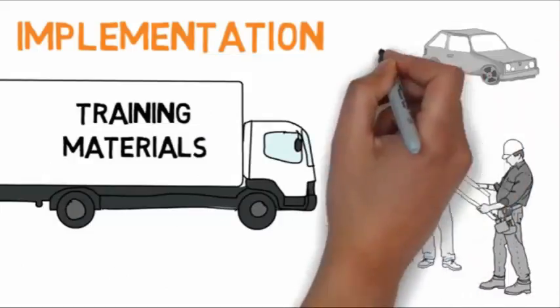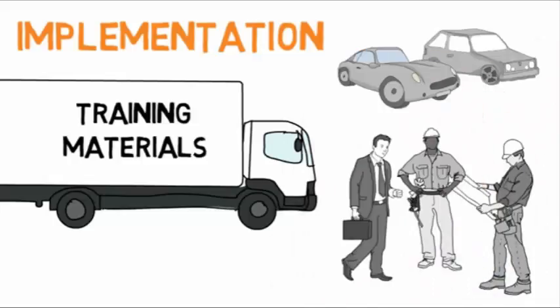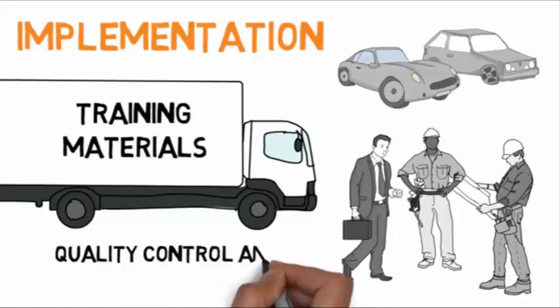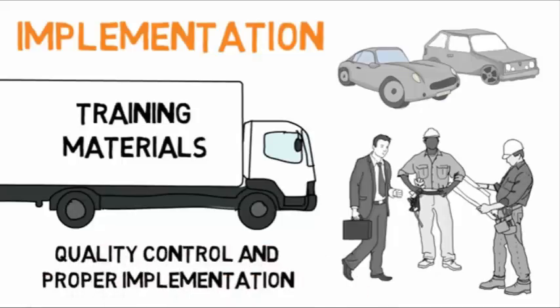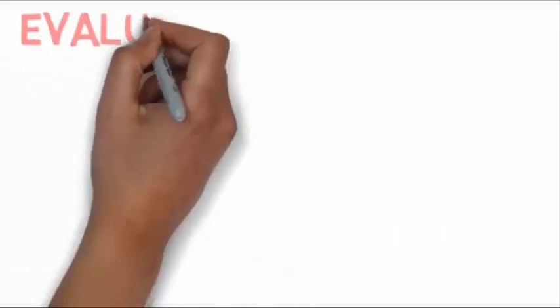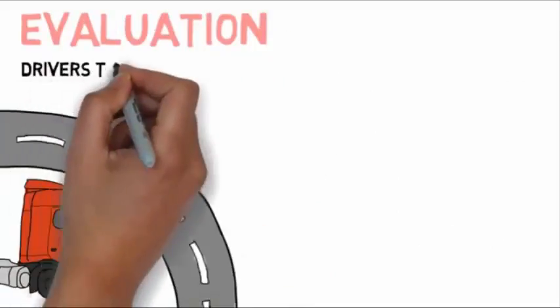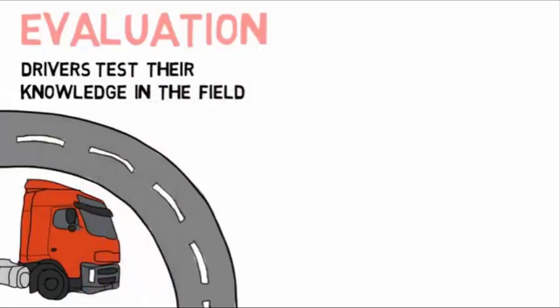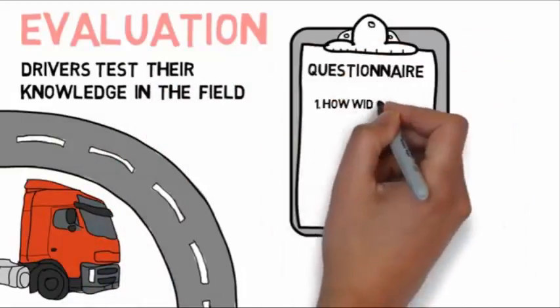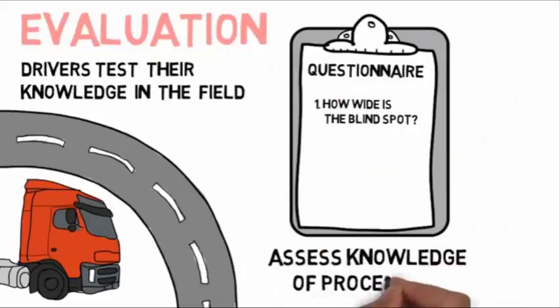Select drivers attend the training program to test the effectiveness of the module. Evaluators are present to ensure quality control and proper implementation of the course. In the evaluation process, the drivers are given an opportunity to exercise their knowledge in the field. They are also given a questionnaire to assess their knowledge of the procedures of how to overtake a semi-truck properly.